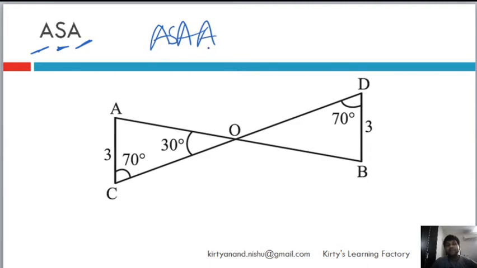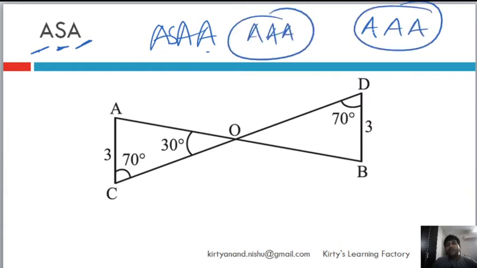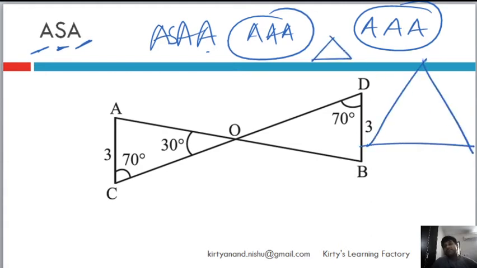But this also tells us that having all three angles equal across two triangles is not sufficient, because if this happens, there can be a case where the shape of the triangle is the same but their sizes are different, so all angles will be the same. Like for example, two equilateral triangles, right?